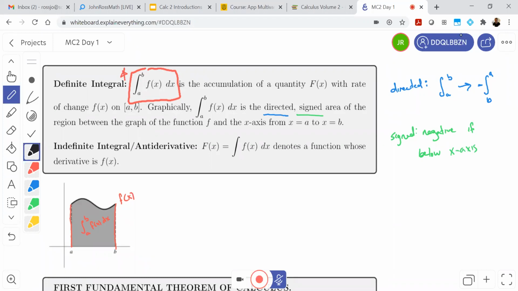And so as a quick example, even without knowing how to compute integrals or having anything memorized, just understanding this idea of signed area, we could compute the definite integral from 0 to 2 pi of the function sine of x dx.